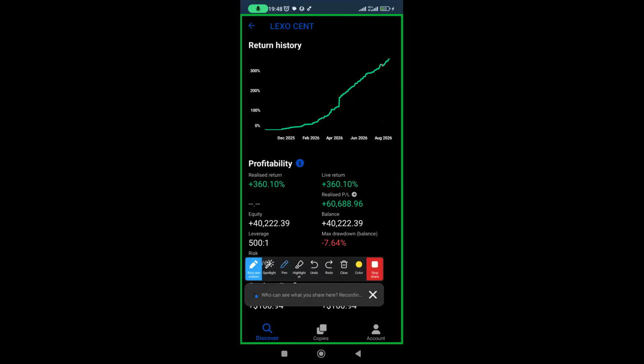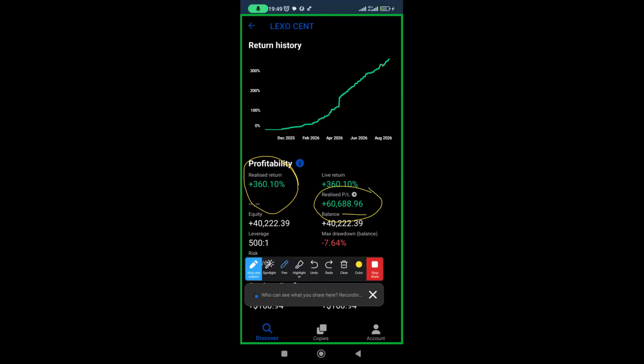First of all, you look at the profitability, the realized return in percentage. This particular trader has done over 360% since he started trading around November last year. This trader has also gotten over 60,000 cents, which is over $600 since he started trading, because this account is a cent account.